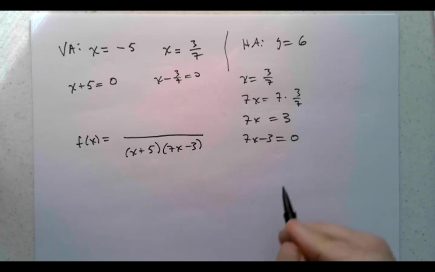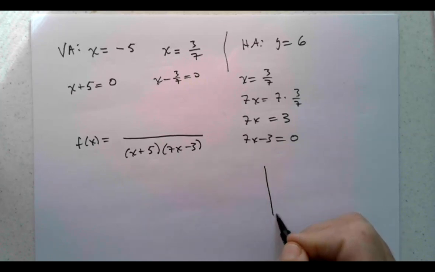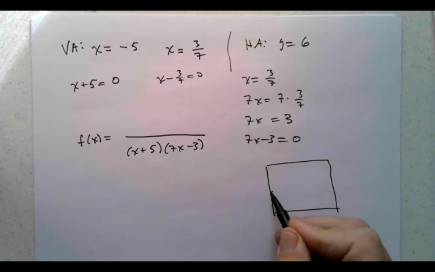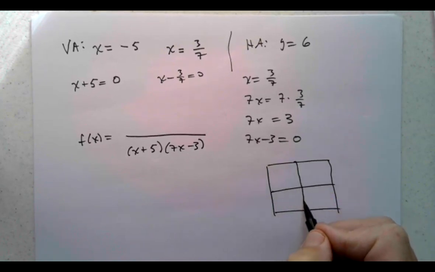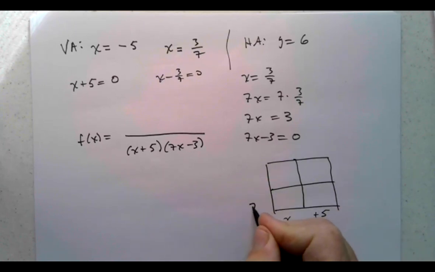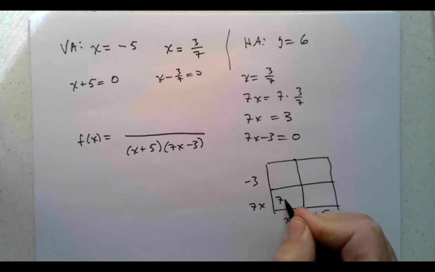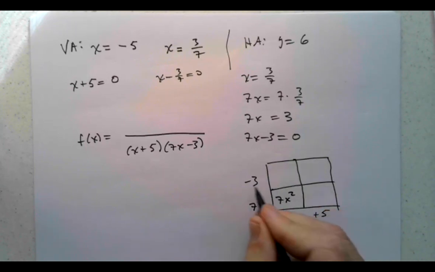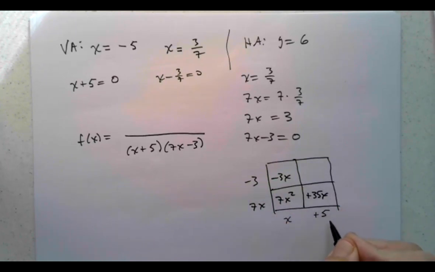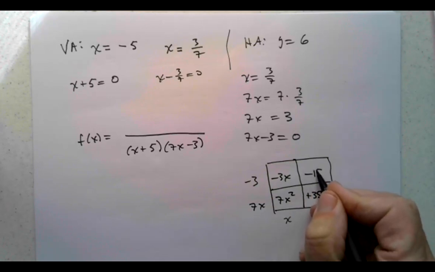So you'll notice if we multiply that stuff out, what do I have? x plus 5 times 7x minus 3. 7x times x is 7x squared. -3 times x is -3x. 7x times 5 is 35x. 5 times -3 is -15.